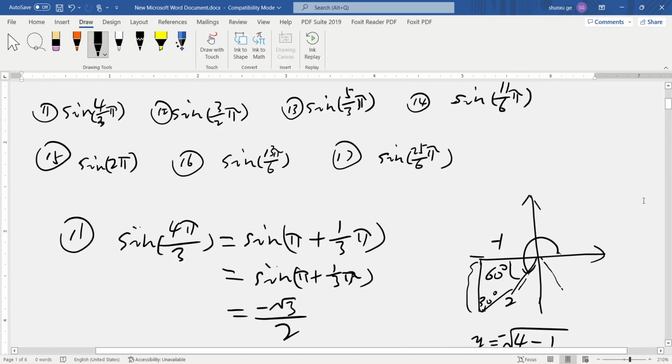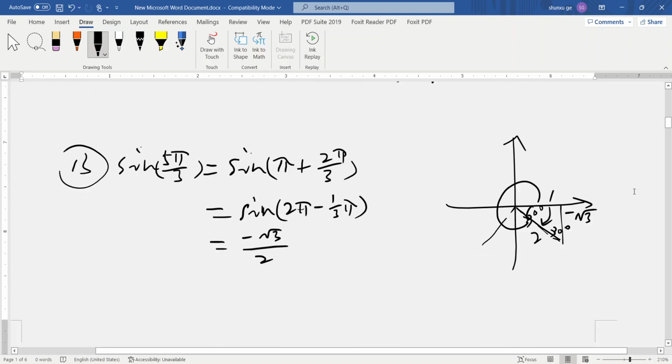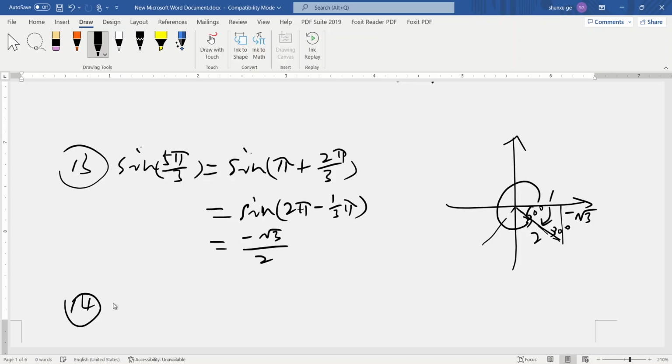Question 14. Sin 11 pi over 6. Okay, here equal, 6 over 6 pi plus 5 over 6 pi.